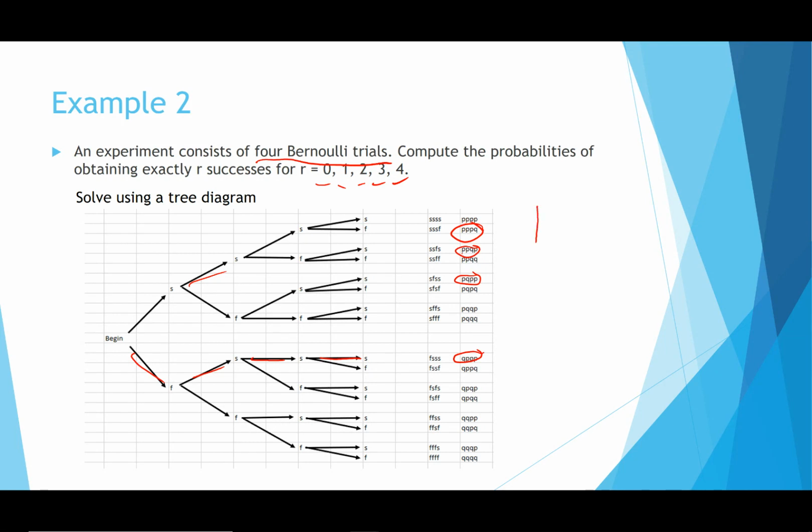There are 4 P to the 3rds and Q to the 1sts. There's only one that's all P, right? There's only one that's all P to the 4th.